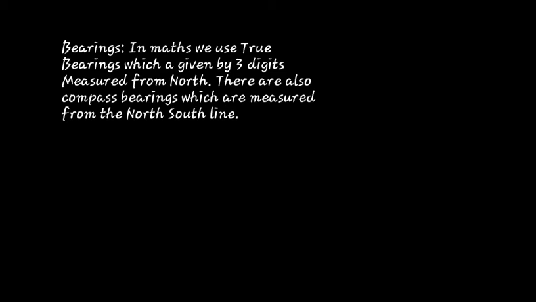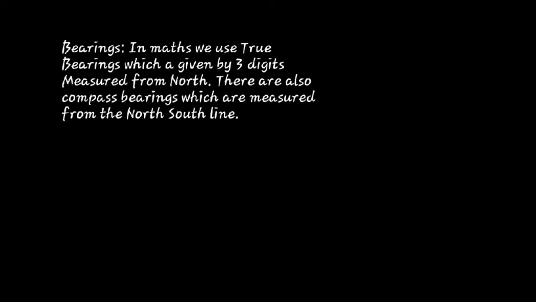Okay, so now we're moving on to bearings. Remember, in maths we use true bearings when we're doing our calculations, which are given by a 3-digit number that's measured from north. So we write like 305 degrees true as our answer. There are also compass bearings, which are measured from the north-south line.